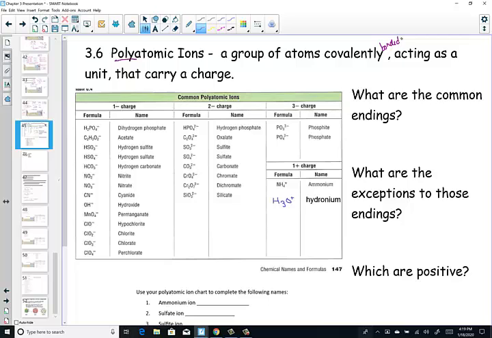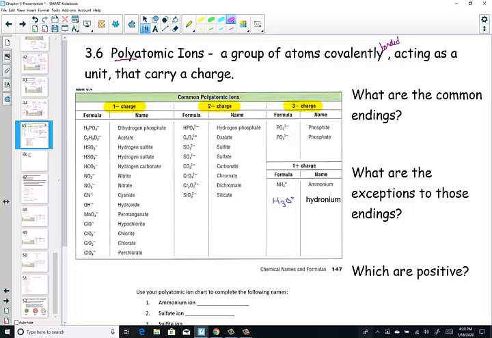Let's get organized and just kind of start looking at these polyatomic ions. Notice that in the first column here, we have a -1 charge. In the next column, these are all polyatomic ions grouped by a -2 charge. And in the far column, I see a few polyatomic ions that are grouped by their -3 charge.